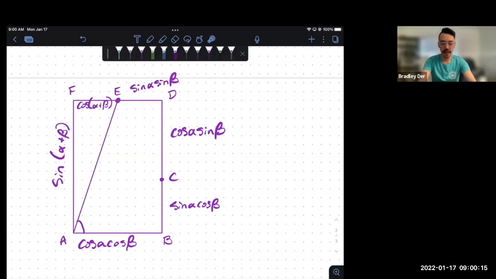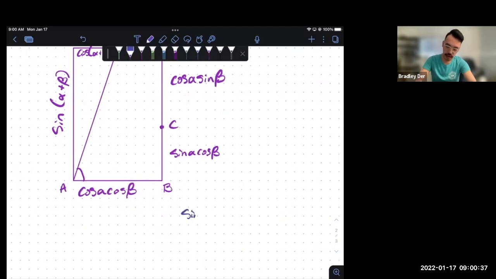Right? The reason that this is nice is because if we wanted to know sine of alpha plus beta, right, that was our original question. Well, in a rectangle, the opposite sides need to be congruent, right? Meaning that the sum of these side lengths has to be equal to this side length, right? Or another way to say that is sine of alpha plus beta is equal to sine alpha cosine beta plus cosine alpha sine beta.